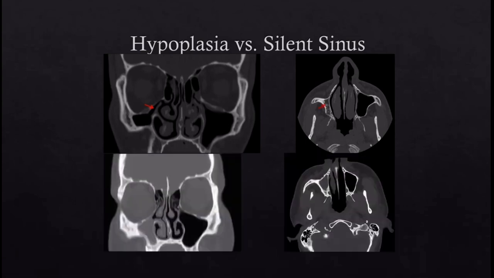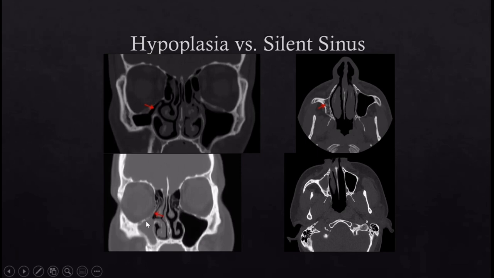Compare that with this, where again, there's a normal looking left side, but an opacified small right side. In this case, the uncinate process is now here, abutting the floor of the orbit, and the ostium is blocked. So remember, in this one the ostium was open, and in this one the ostium is occluded.